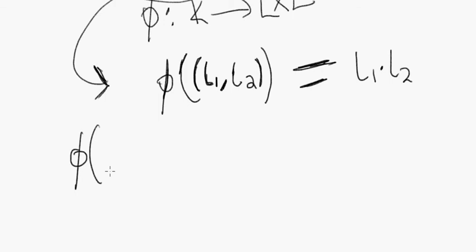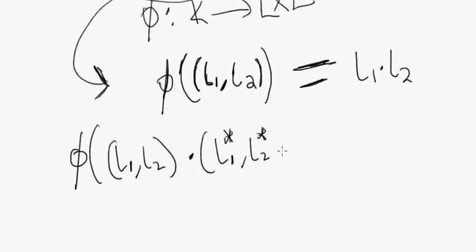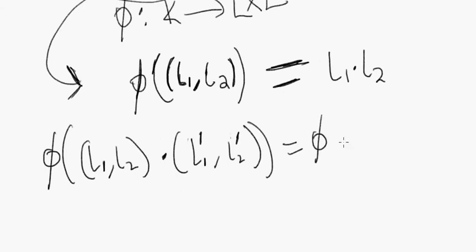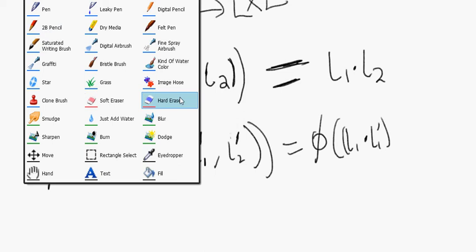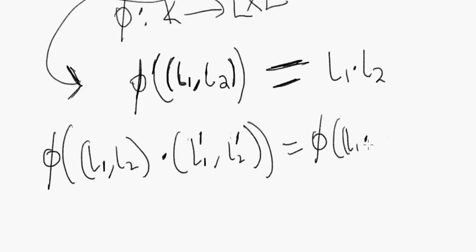Wouldn't we need to check that phi of, let's say, (L1, L2) times (L1 prime, L2 prime), forget the stars, equals... I'm just saying that if phi is indeed an isomorphism, doesn't it also need to be a homomorphism first?